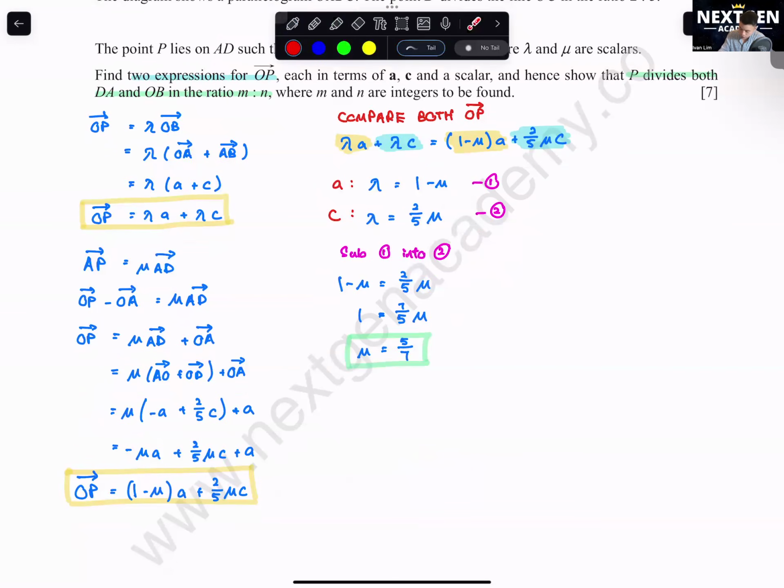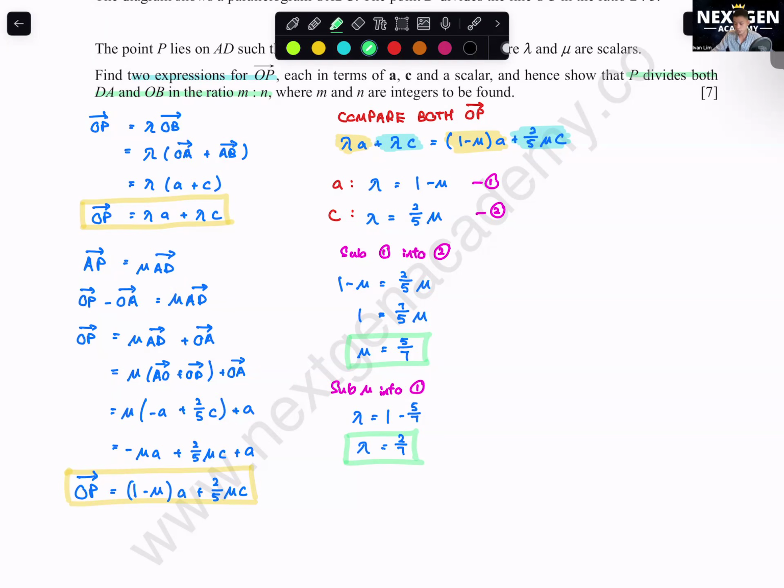Then we substitute into equation 1, where we will get lambda is equals to 1 minus 5/7. Lambda is 2/7. You should be able to get until here. Until here is already about 6 marks actually.